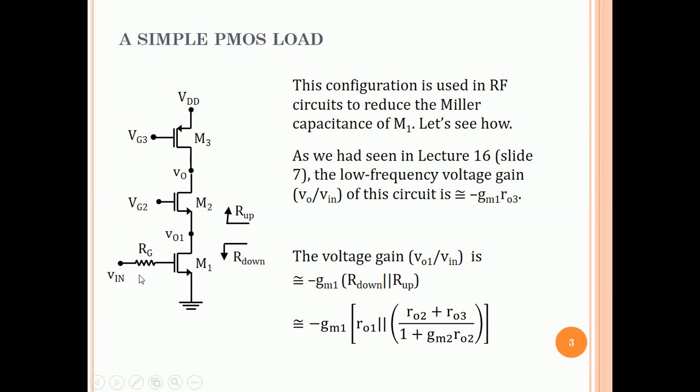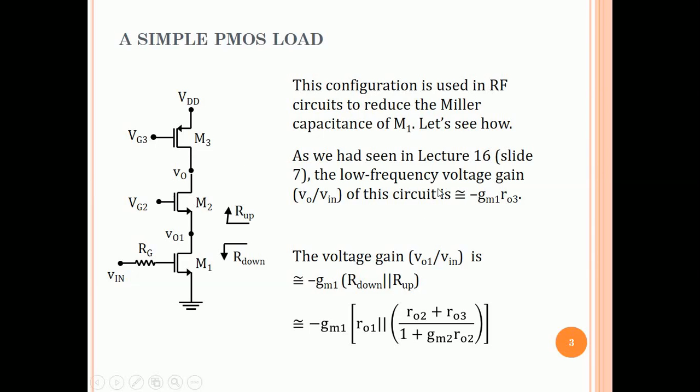The low frequency gain is basically GM1 times the R out looking at the output node. And the R out of this circuit is RO3 in parallel with GM2 RO2 RO1. And GM2 RO2 RO1 is typically much greater than RO3, and therefore only RO3 stays, and the gain is GM1 RO3 approximately, minus of course.